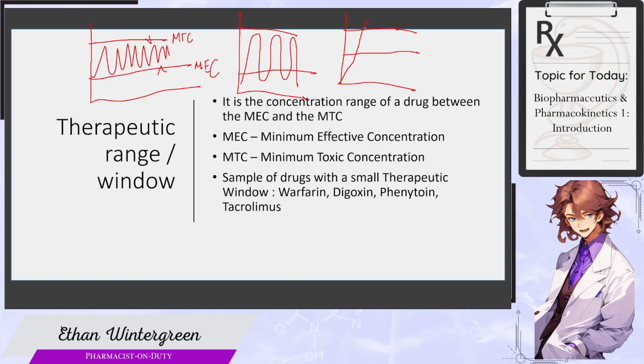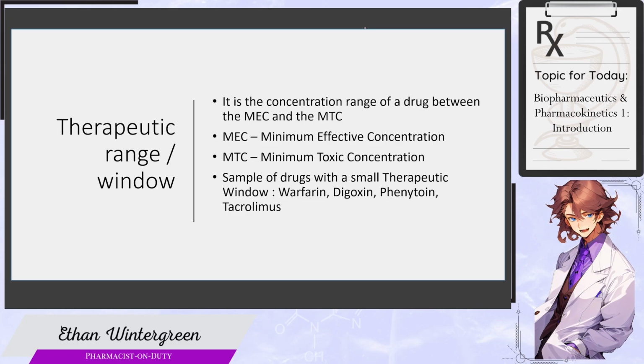The concentration between effectivity and toxicity is very short, or they are near to each other, in which without proper dosing, toxicity will occur. So some drugs which have a small therapeutic window are your warfarin, digoxin, phenytoin, and tacrolimus.